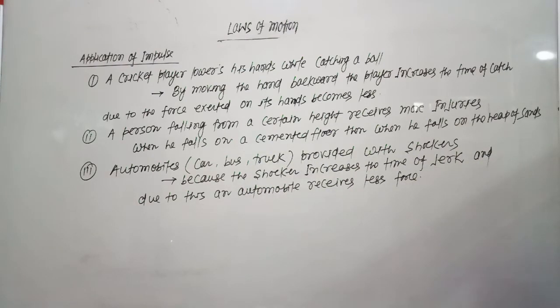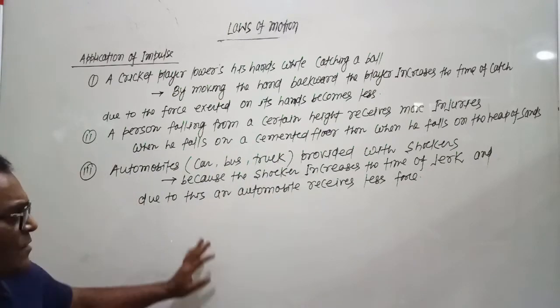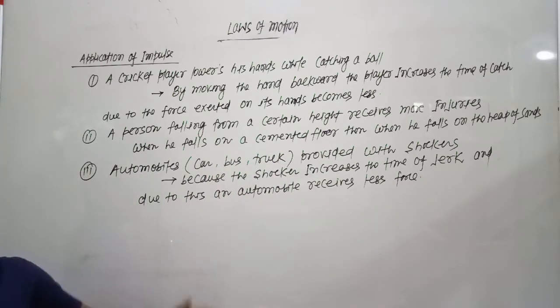Automobiles like cars, buses, trucks are provided with sockets because the socket increases the time of jerk, and due to the increase of the time of jerk, an automobile receives less force.